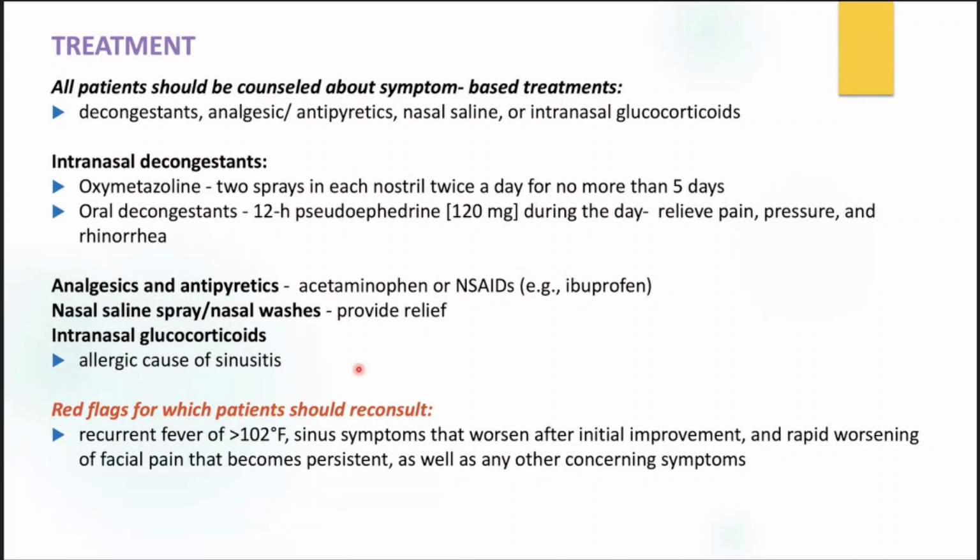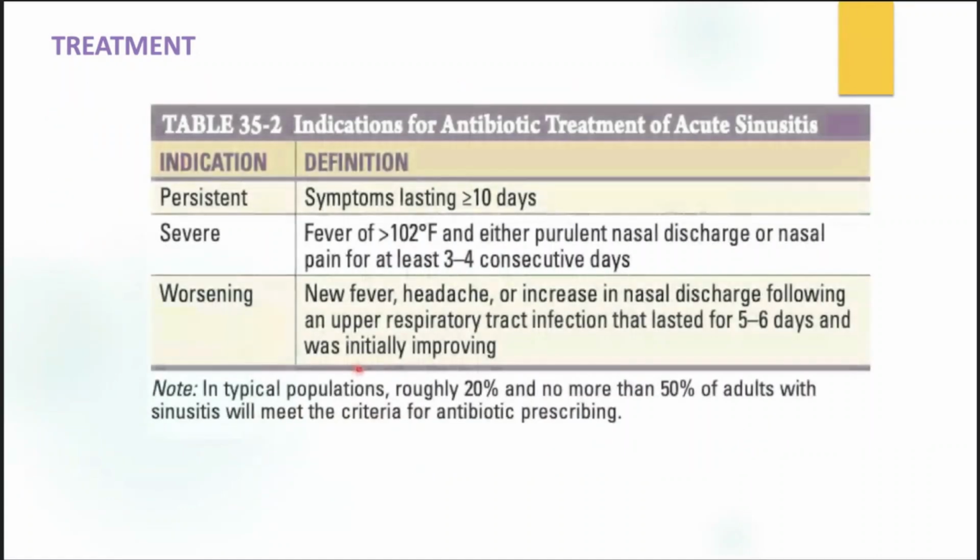So, red flags for which the patient should follow up or reconsult would be recurrent fever more than 102 Fahrenheit, sinus symptoms that worsen after initial improvement, and rapid worsening of facial pain that becomes persistent, as well as other concerning symptoms.